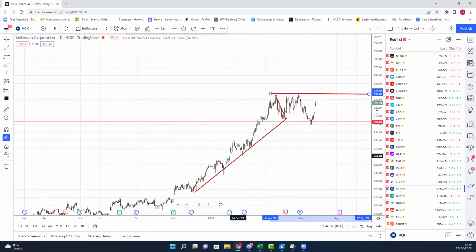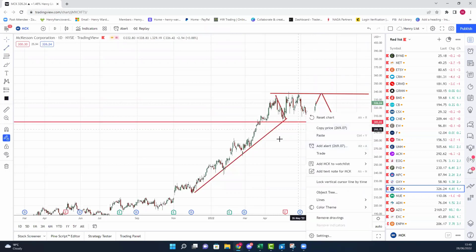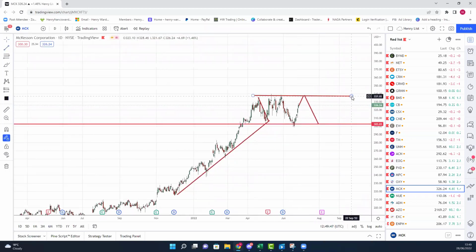Are we following the trend and expecting it to go further, or are we expecting it to hit there and then come back down? What's your plan for this particular trade if you took it? And that's the thing. We have to have a plan in place if we're placing a trade. It has to be there.